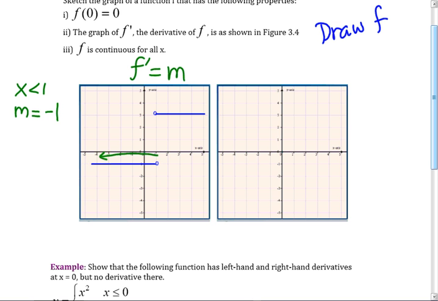And on the other side, over here, when x is greater than 1, what's the slope? 3. Now this is the derivative. Remember, derivatives are limits. So the limit on the left side is negative 1. The limit on the right side is positive 3. Can you find the derivative at 1? No, that limit does not exist.